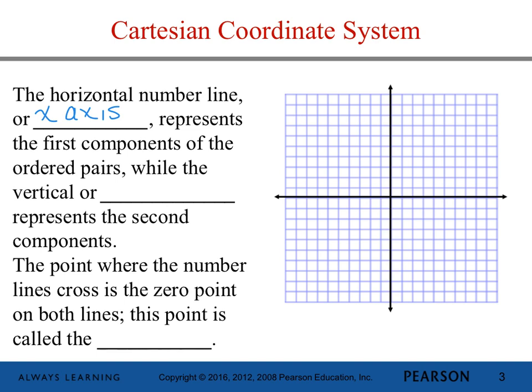And the second component is represented by the vertical or y-axis. The point where the number lines cross is the 0 point on both lines, and this point is called the origin.